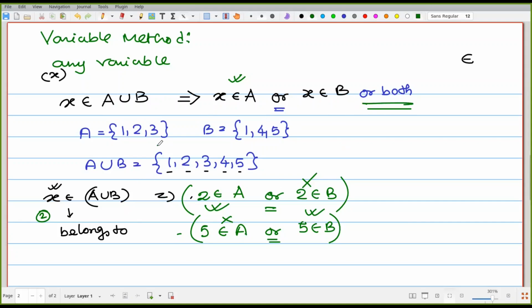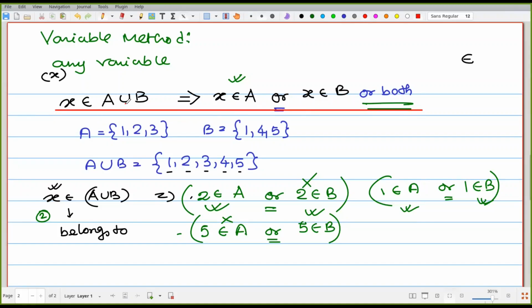Suppose 1. So 1 belongs to A or 1 belongs to B. In that case both are true, so the statement is true as it is or. So that is the most important thing: when we write x belongs to A union B, that means or. Union means or. That is the first one.